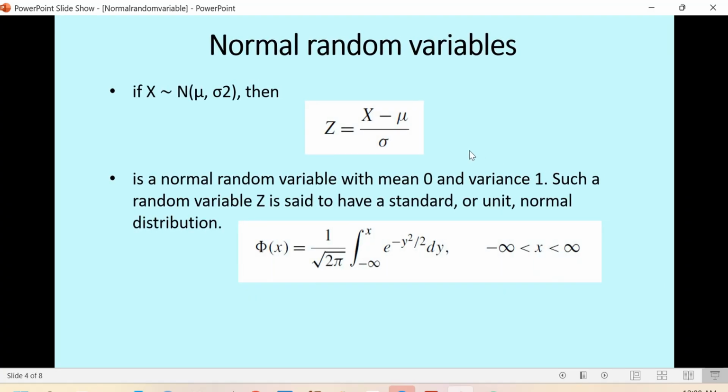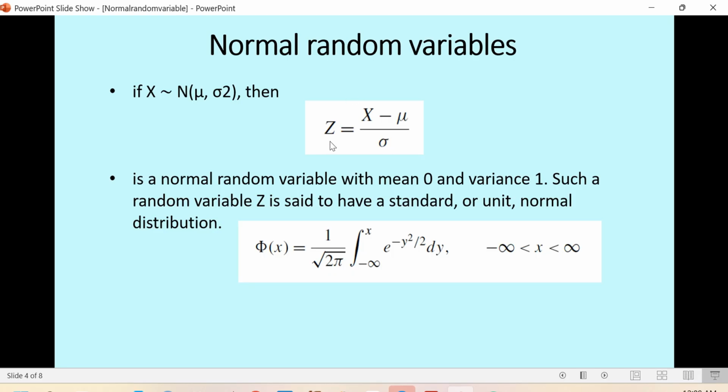Very important in normal random variables is that if we want to calculate the probability of this random variable with parameters mu and sigma, then usually we can transform this value to a z value. This is also called standardization, because we take the random variable minus its mean value, then divide by its standard deviation.